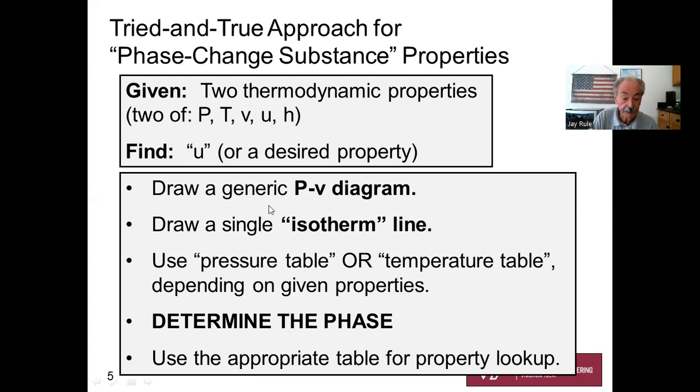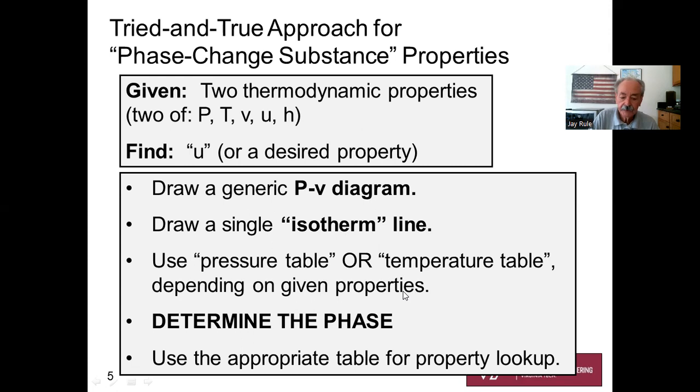Okay, here's your recipe. Draw a generic PV diagram with the dome. Draw in a single isotherm line on that PV diagram, a line of constant temperature. Next, depending on what you're given, you're either going to use the pressure table or the temperature table, depending on the properties that you're given.